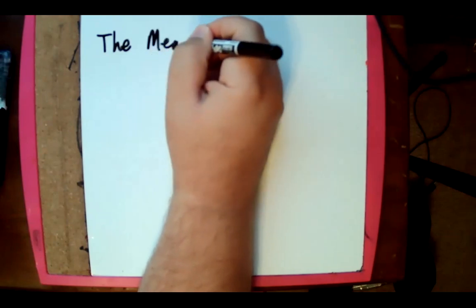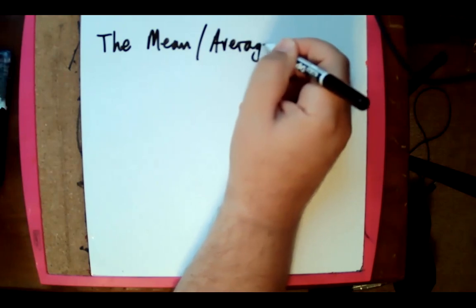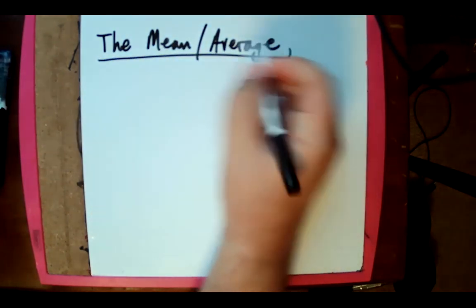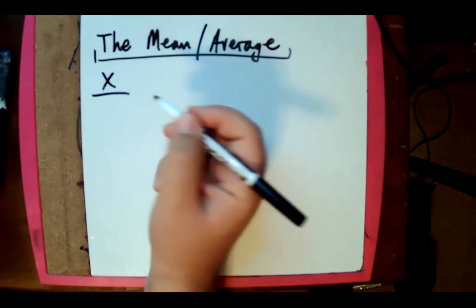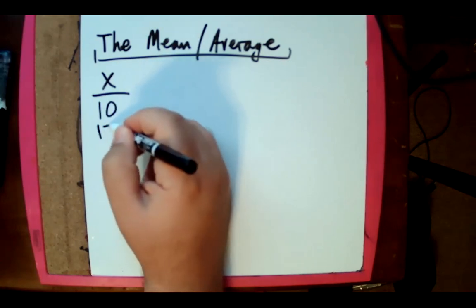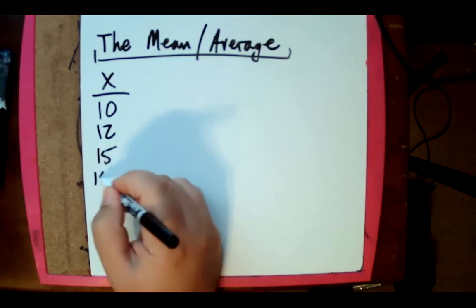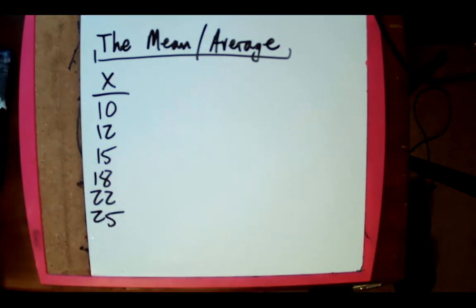All right, so we're going to find the mean, or the average. Let's say we have some x values here, and I'm just going to make them up. So here are our x values.